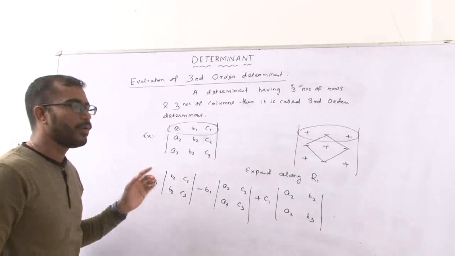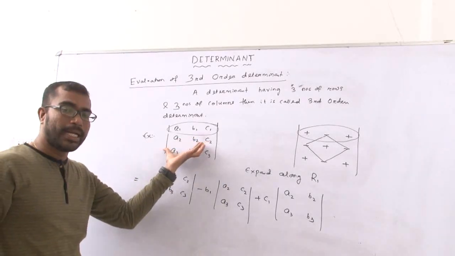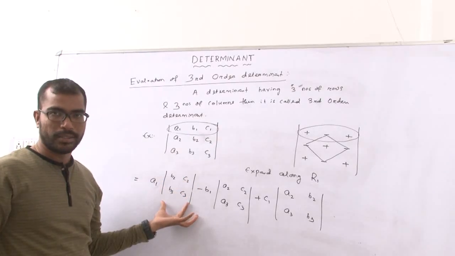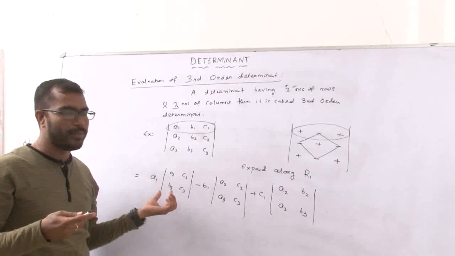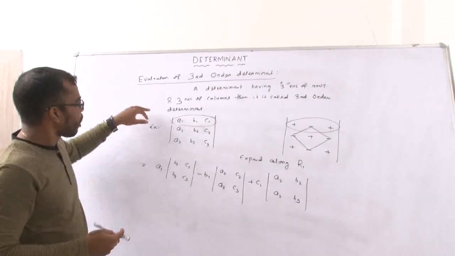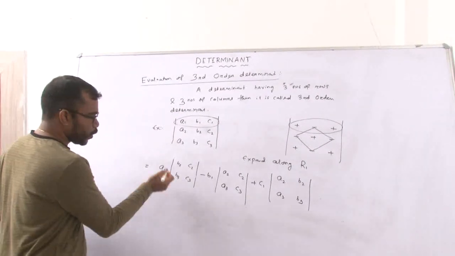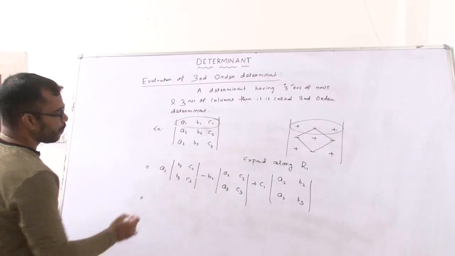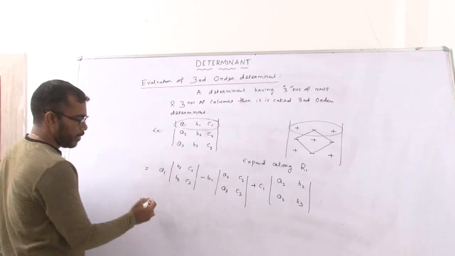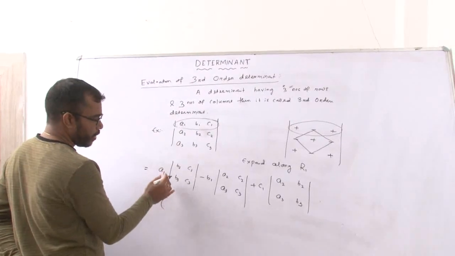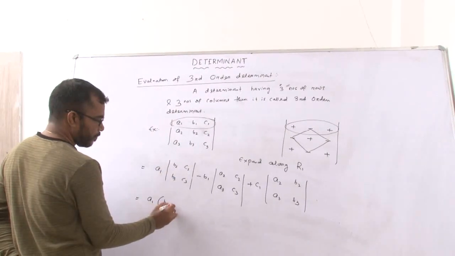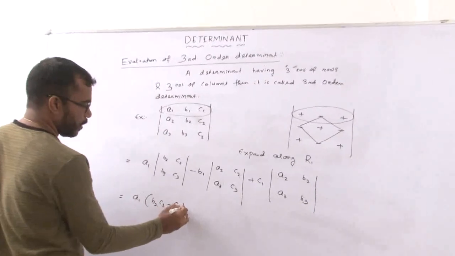So first of all, the third order determinant is converted to second order determinants. How do we evaluate a second order determinant? So A1 into B2 C3 minus C2 B3.